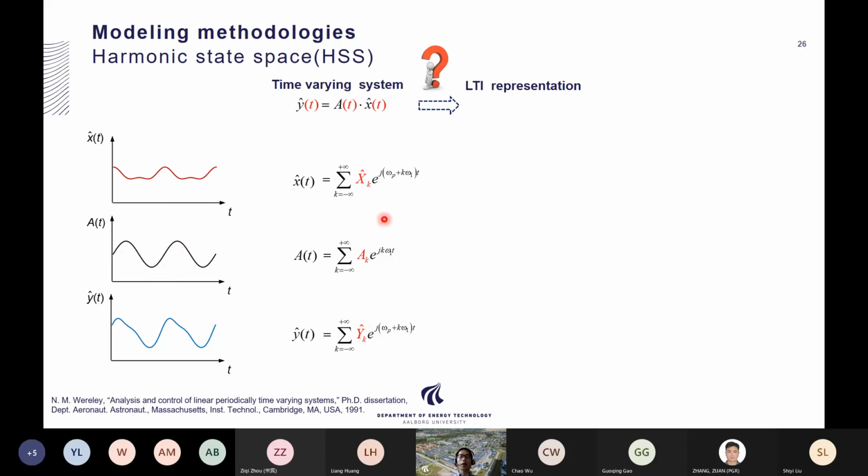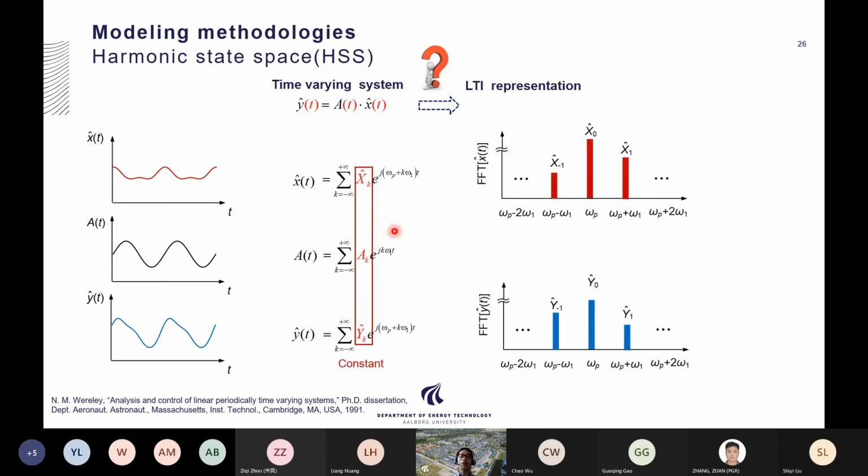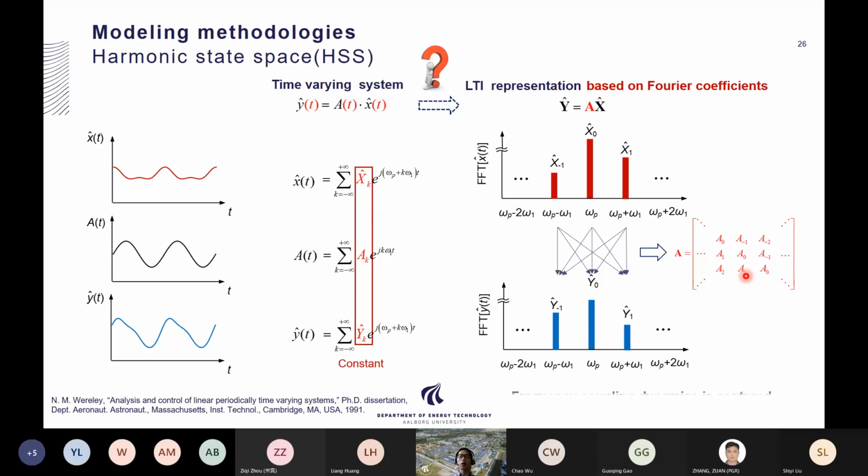And for the Fourier analysis, the Fourier coefficient is constant. If we just focus on the relationship of Fourier coefficients of input and output signals, then we end up with a linear time invariant system, which is represented by the Fourier coefficients. So basically, we ignore the time varying components, and just focus on the relationship of Fourier coefficients of input and output signals.